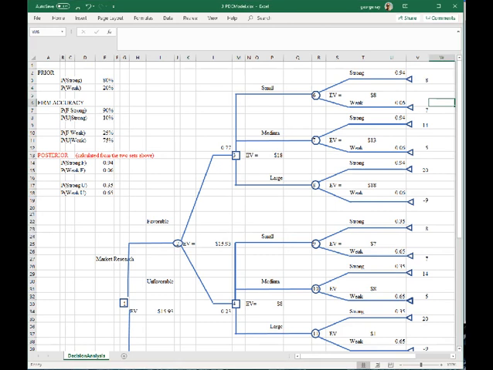Okay, so let's go forward. So we start off with the same model as in the last example with a marketing research report. But this time we're going to show the calculations of the branch probabilities right next to the payoffs. So at chance nodes 6, 7, and 8, right up here, we have two repeating probabilities that we need to calculate for each of the three decision branches.